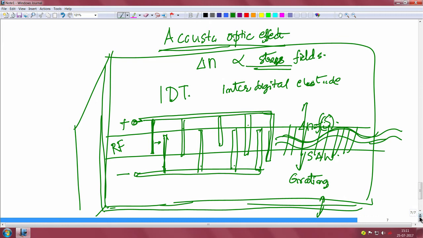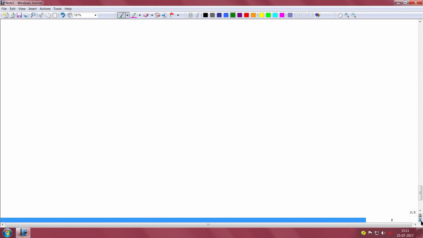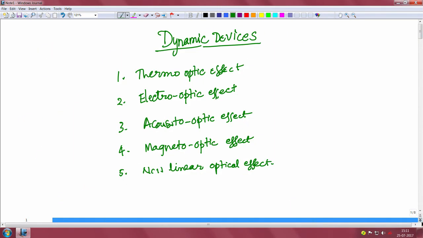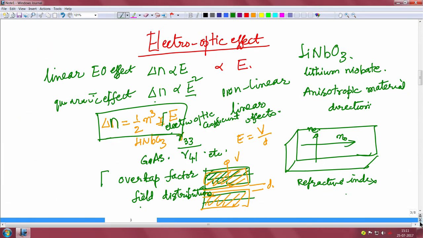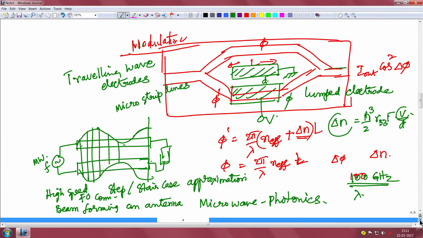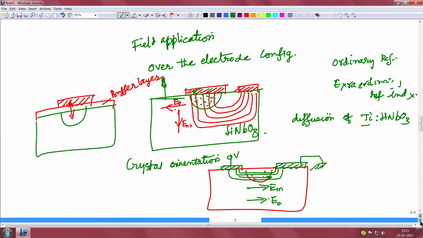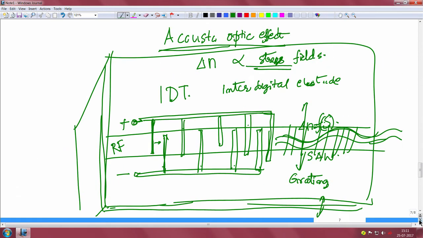So, in the simplest case we can think of delta n as a function of strain field. So, delta n is a function of strain and is a periodic function, that is an important requirement.